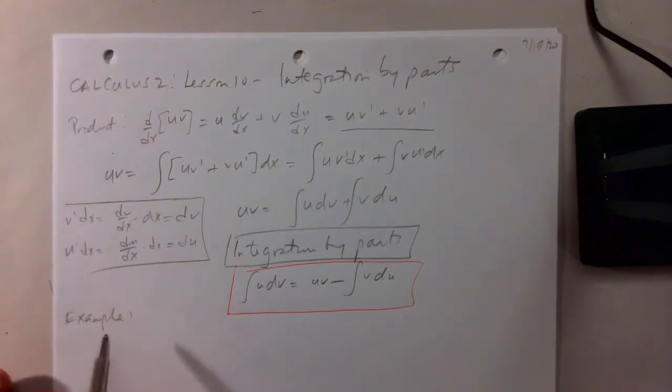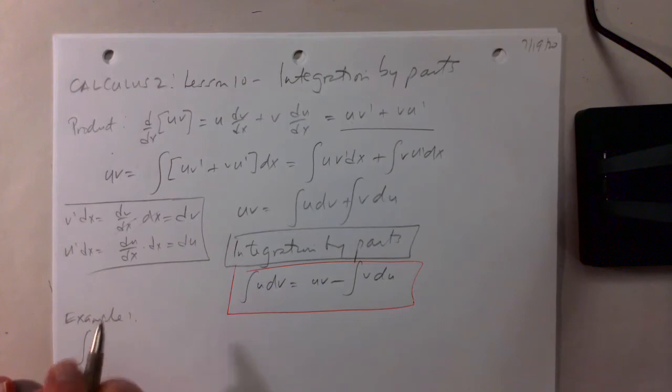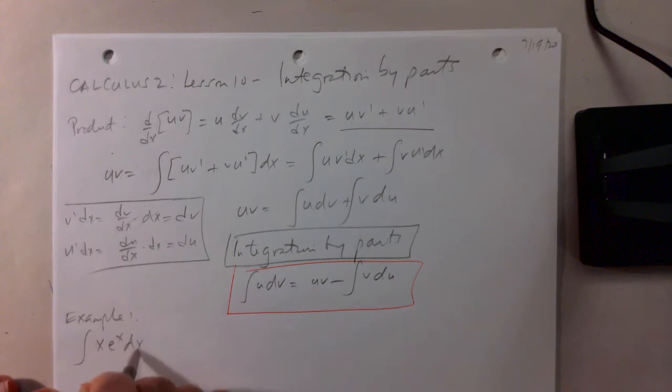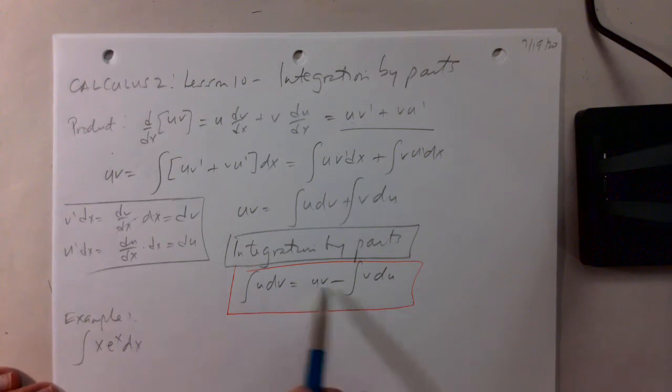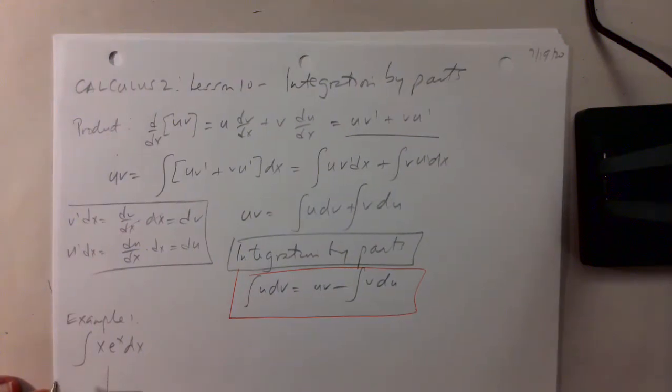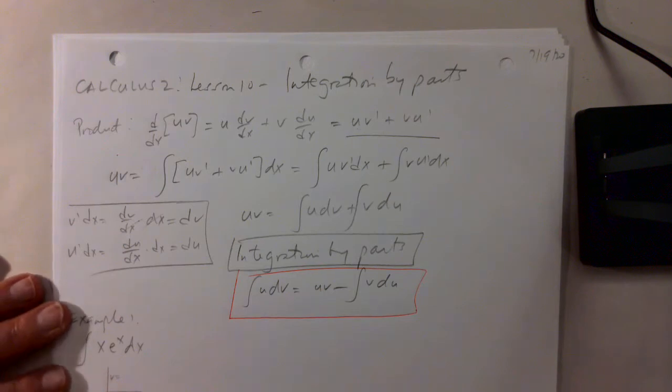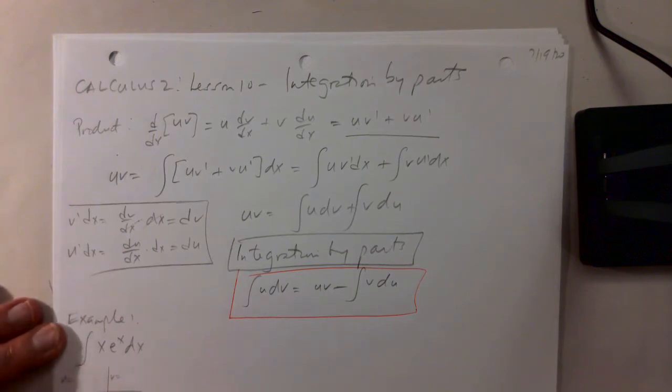This is example 1. Suppose we want to integrate the function x e to the x dx. That looks kind of complicated, so we hope we can put it in this form. We can think of having a kind of a table: u equals, v equals, u prime equals, v prime equals.